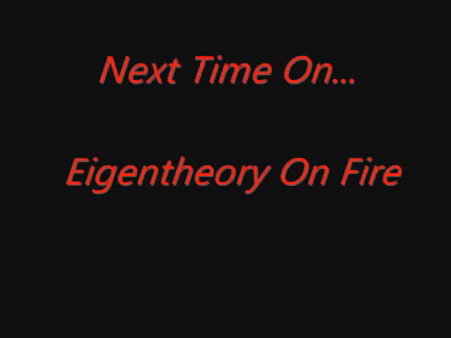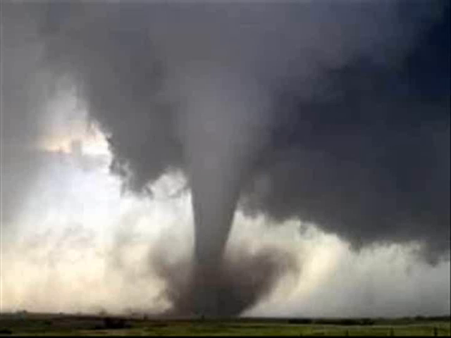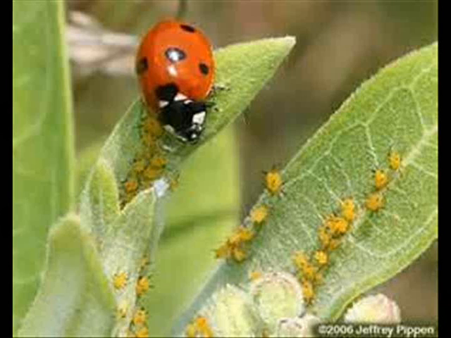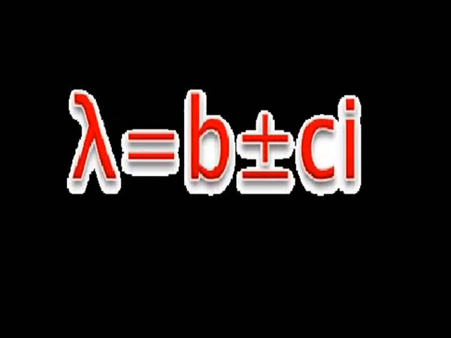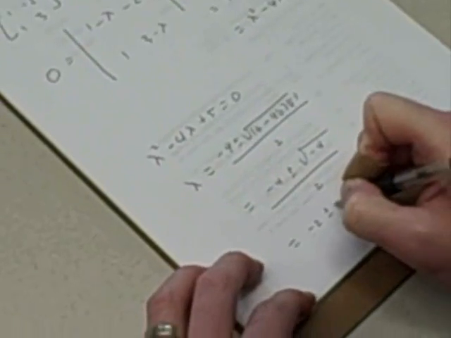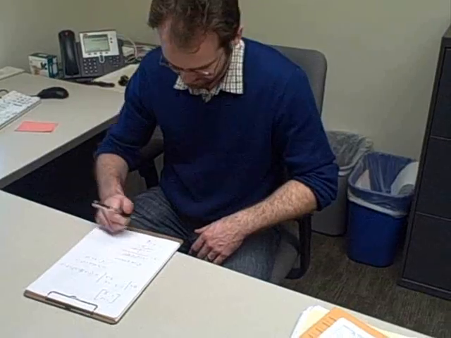Here's a sneak peek of the next EigenTheory on Fire. Tornadoes. Hurricanes. The conflict between ladybugs and aphids. Between these swirling systems of difference equations, what can be behind these? Complex eigenvalues. Yes, complex eigenvalues. Once you've calculated it and find out that you have one, you know you're in for some evil trouble.